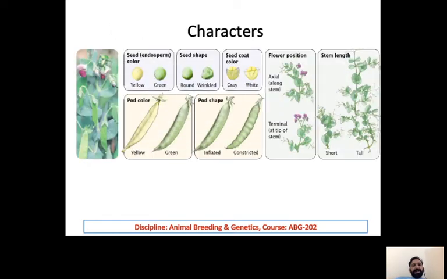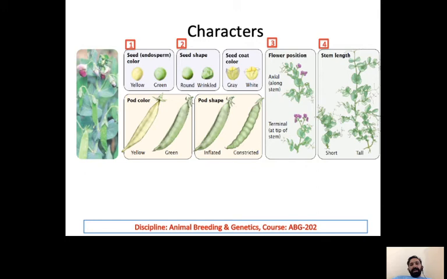The characters that were studied by Mendel included: number one, seed endosperm color, which could be yellow or green. Then the seed shape, round or wrinkled. Then the seed coat color, gray or white. Then the flower position on the plants, axial or terminal.